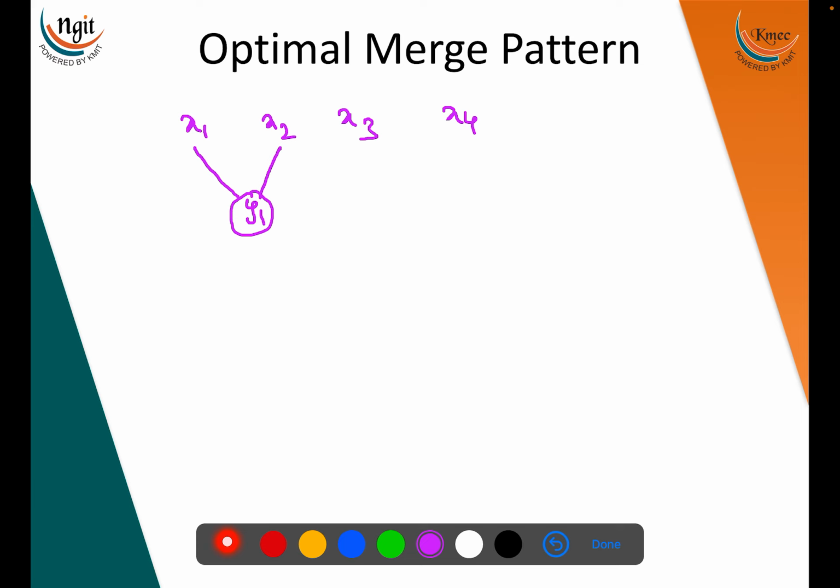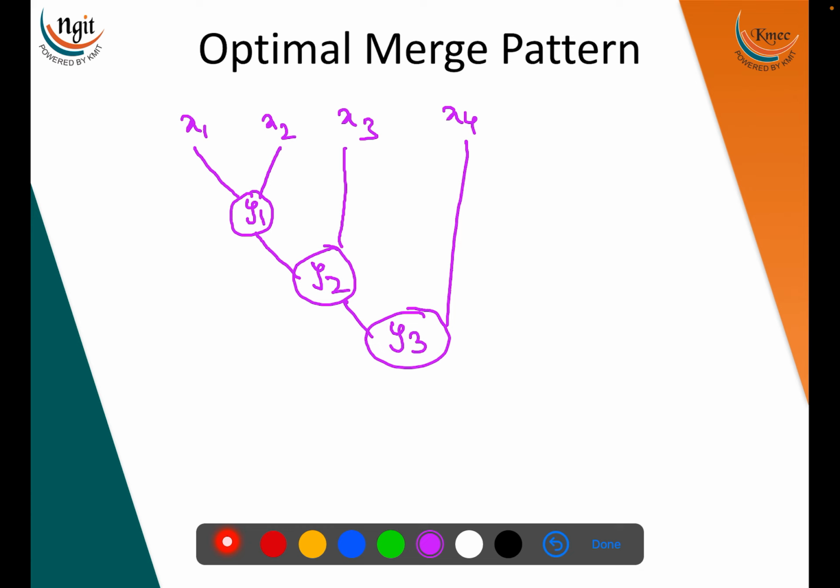Then this y1 and the available x3 are merged, and we get y2. Now y2 and x4 give a sorted target file y3. This is the way you perform the merging operation. So here y1 is what you get after you merge these two.